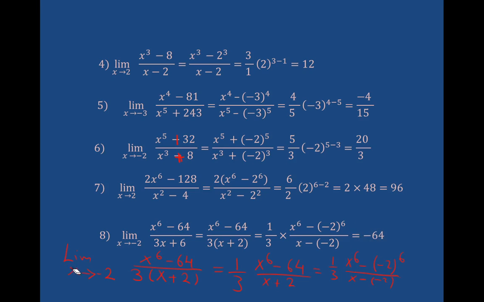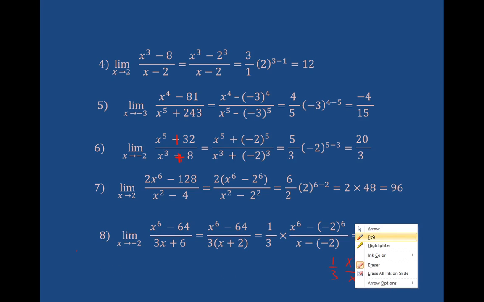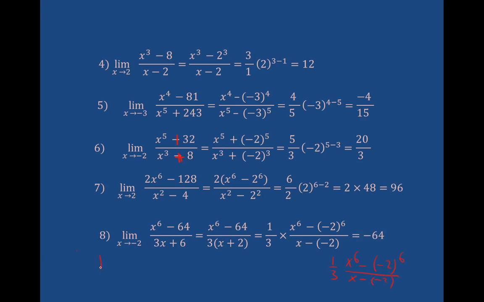The limit here equals 1 over 3 multiplied by 6 over 1, the power of the numerator over the power of the denominator, multiplied by a, which equals negative 2 power 6 minus 1.